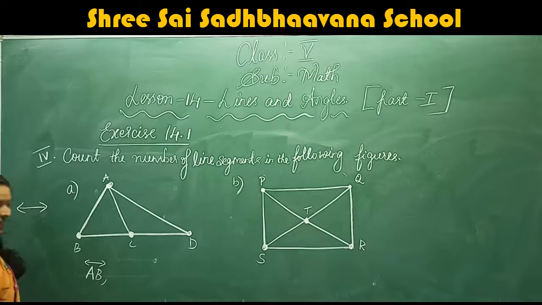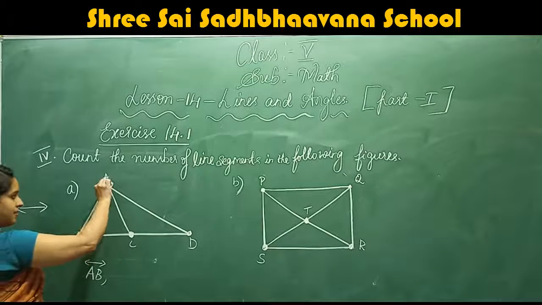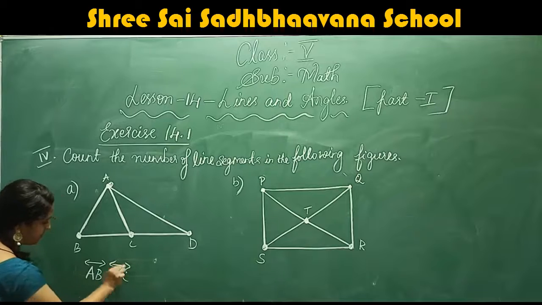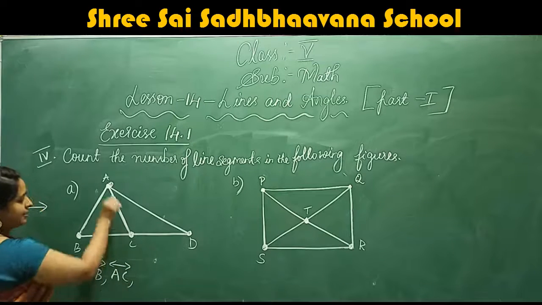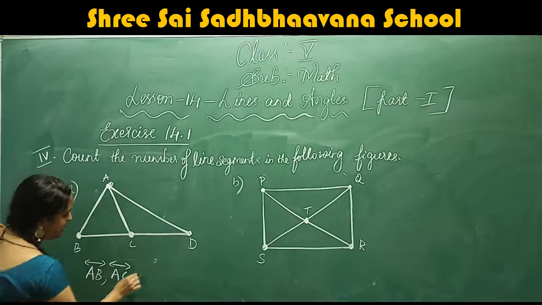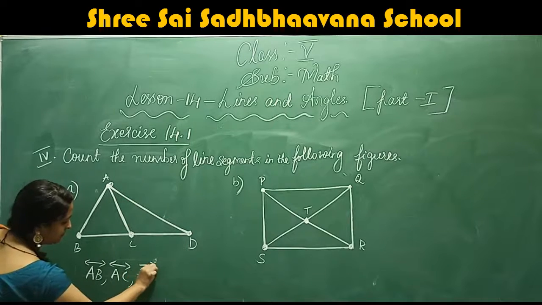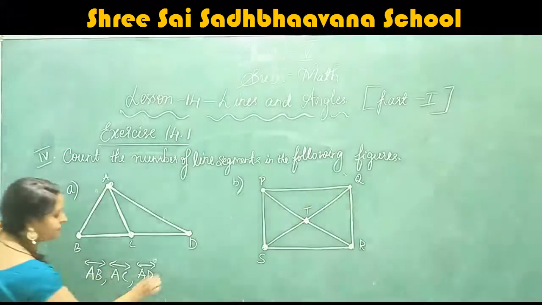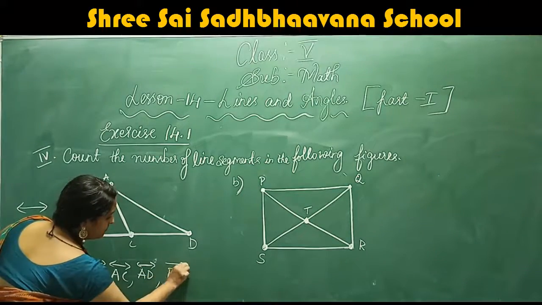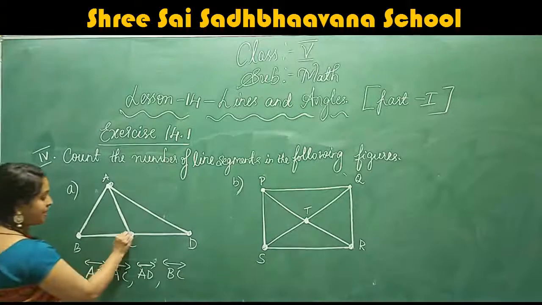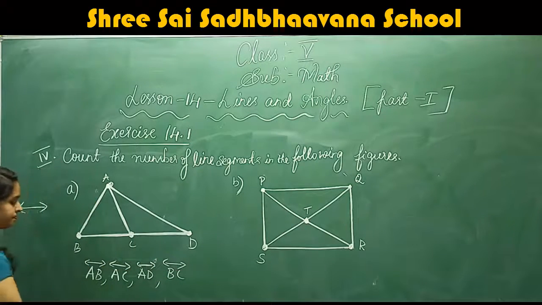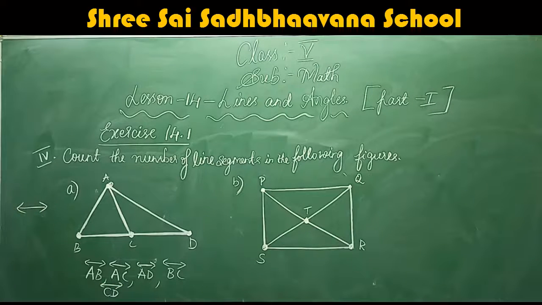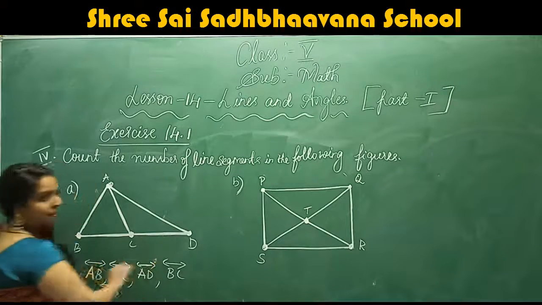So line segment AB, then line segment AC. Okay, again line segment AD. Okay, here you see line segment BC, line segment CD, okay, and finally line segment BD.